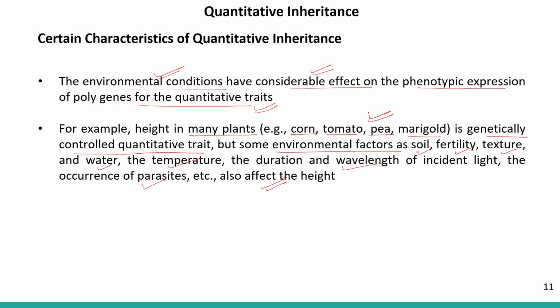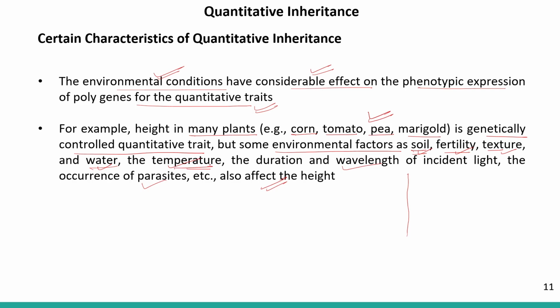If you provide good quality soil, the height of the plant will be good because it gets all the nutrients. Soil fertility, texture and water availability are very important. If the water availability is more, the plant will flourish, and if it is less, the plant cannot grow to a great height.